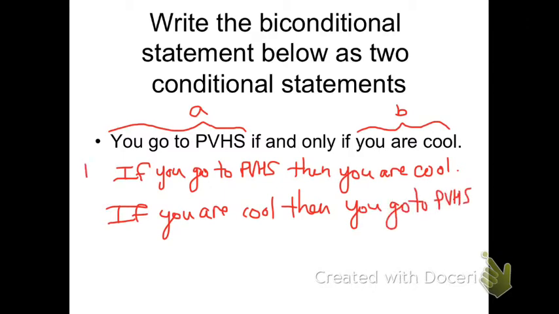So the first statement here implies that all PVHS students are cool. If you go to PVHS, then you're cool. Our second statement implies that all cool people go to PVHS. And therefore, anyone who goes to PVHS is cool, and all cool people are at PVHS.